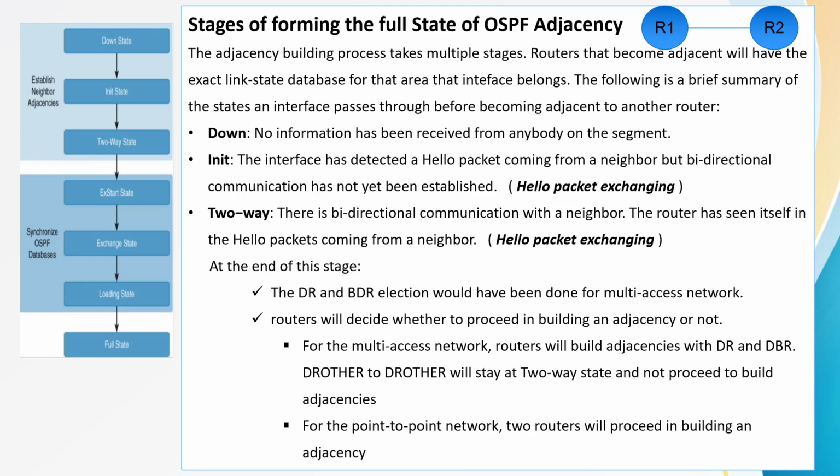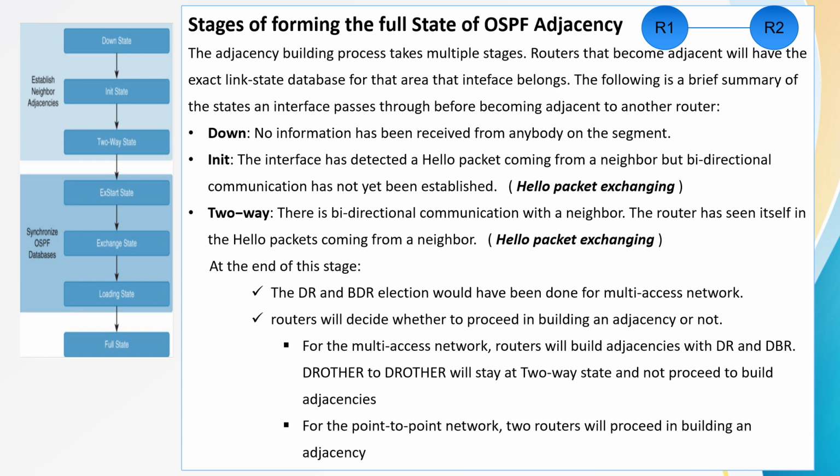The next state is the two-way state. This is bi-directional communication with a neighbor. A router has seen itself in the hello packet coming from the neighbor. So here is the hello packet exchange. At the end of this state, the DR and BDR election has been done for the multi-access network.